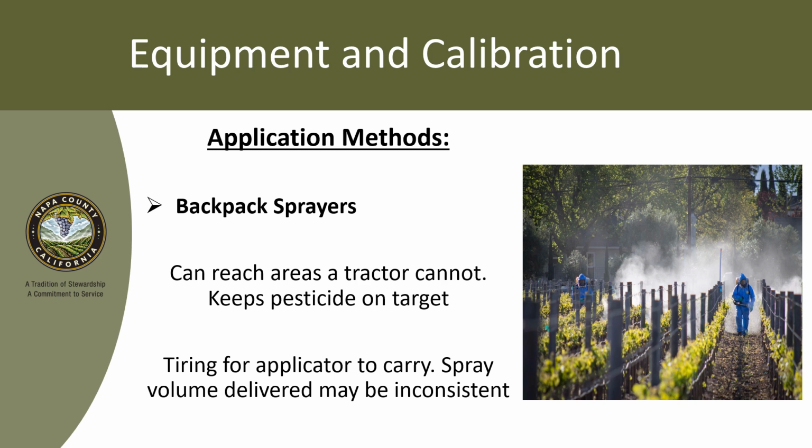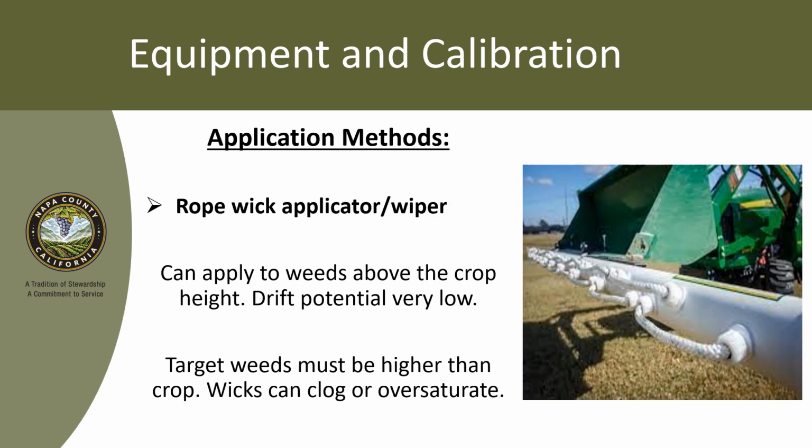Some good, some bad. Here's one you don't see every day. This is called a rope wick applicator or wiper. And you can see in the photo that this white boom is pressurized and it saturates the rope, which is called a wick in this case. So you have this saturated wick, and then you roll along in the field, and obviously the crop has to be at ground level, some really low growing crop.